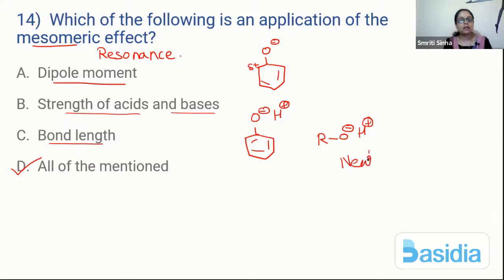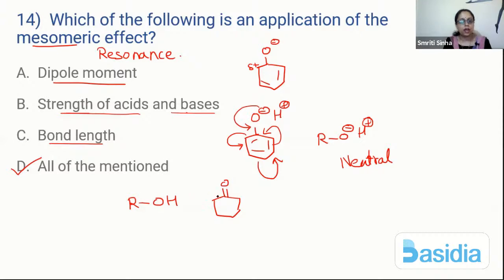You can explain this on the basis of resonance effect, because due to resonance effect this phenoxide ion is stabilized, which makes phenol a stronger acid than alcohol. So strength of acids and bases can be explained. Next, bond length. Yes, bond length can also be explained. Alcohol C-O bond is longer than the phenol oxygen and carbon bond.